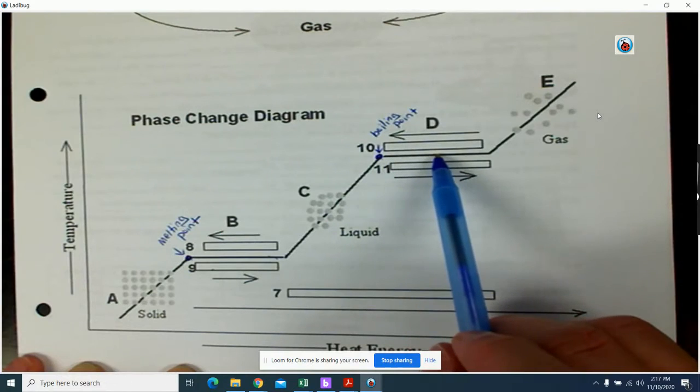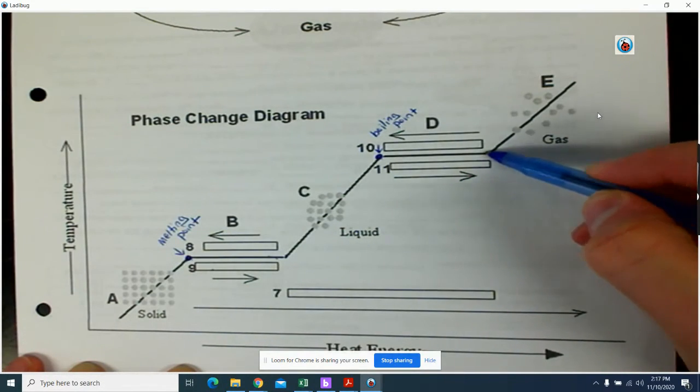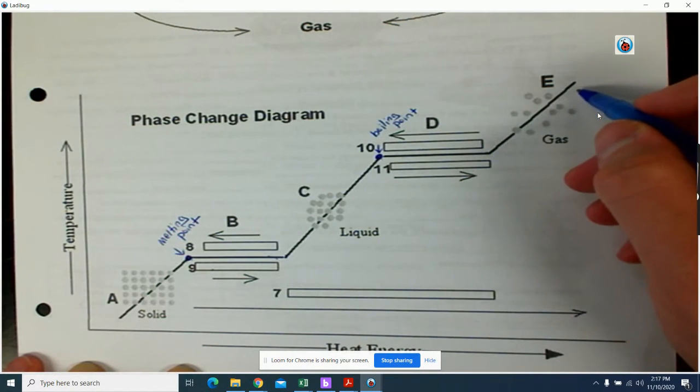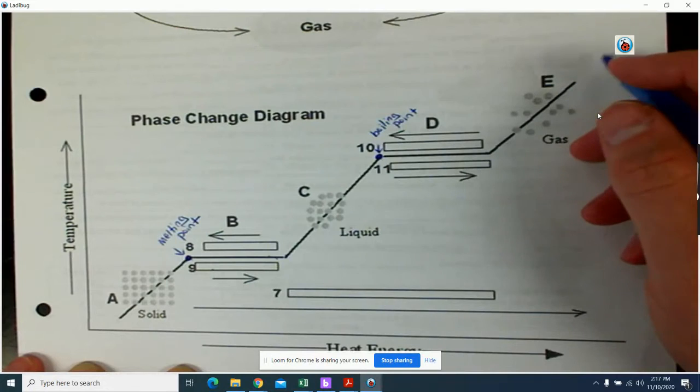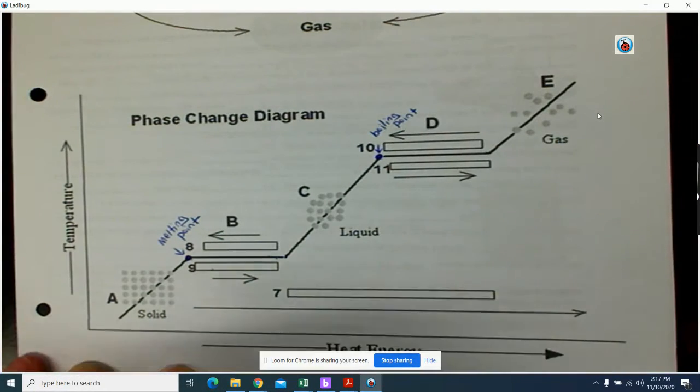So bonds are breaking, and then boom, here it's totally a gas. Now we keep adding heat, temperature rises, and it's a gas. Your phase change diagrams will stop there because you can't create plasma through adding more heat.